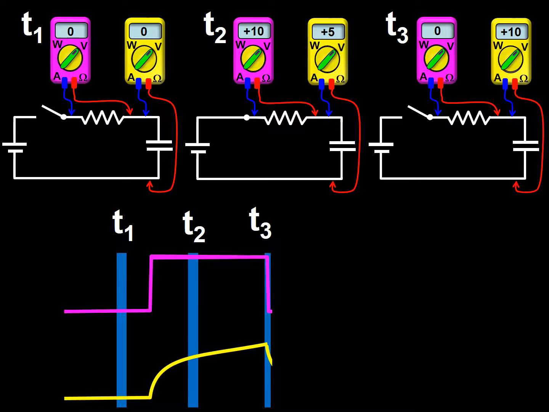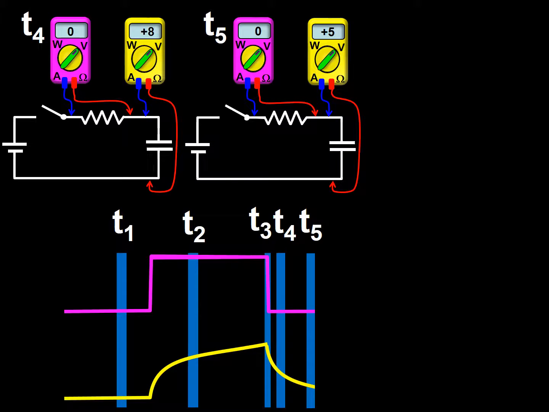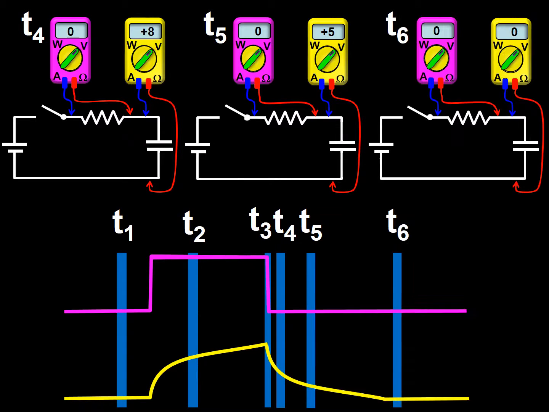The voltage across the resistor will drop precipitously, whereas the voltage across the capacitor will drop gradually. We can further appreciate this at T4, that is at time 4, at time 5, and at time 6.